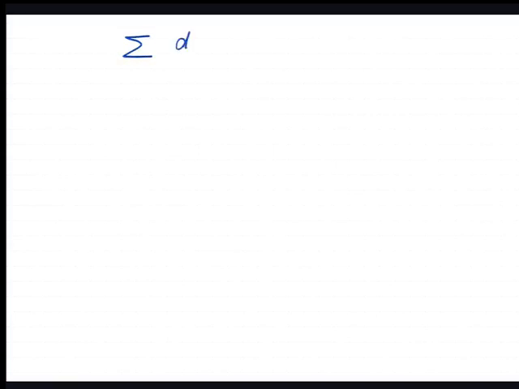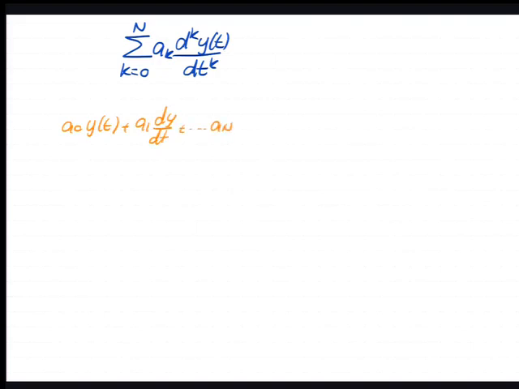The kth derivative of the output gets multiplied by a coefficient a sub k, and you add those up from k equals 0 to n. So this basically means a0 y of t plus a1 dy dt, and the highest derivative term is d to the n y dt to the n, right?